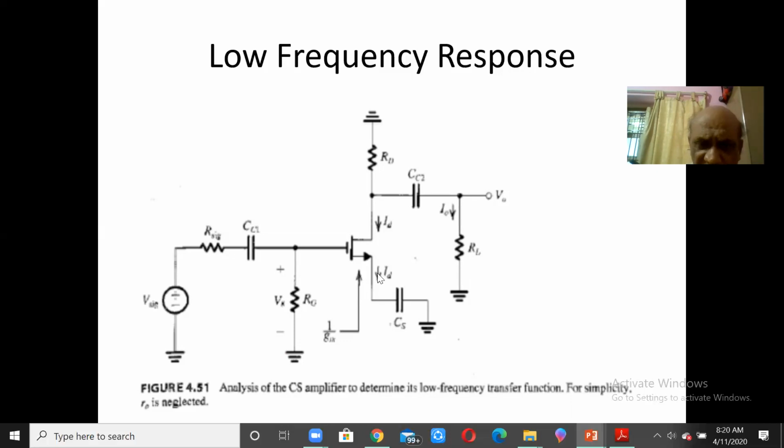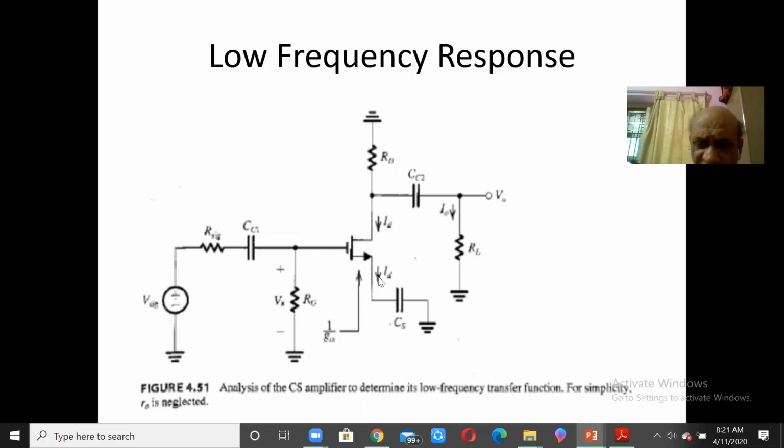So the current ID will be equal to this Vg, which is appearing across both these together. Between this point and the ground also you have Vg only, because this point and this point are just the same. So between this and ground you have Vg.